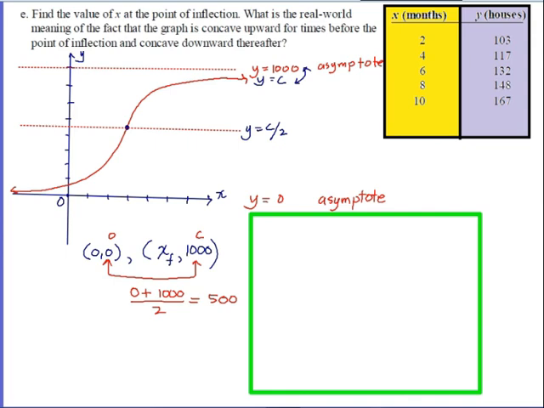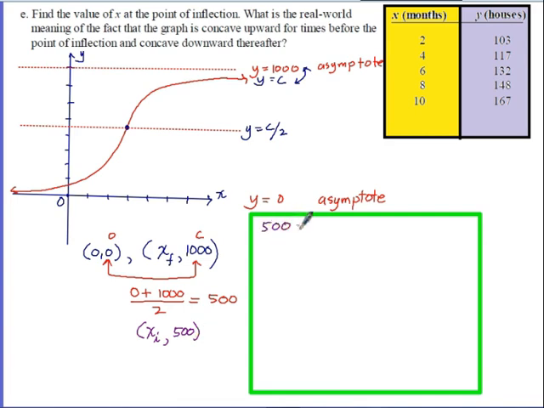So what we're actually trying to get is xi, the point of inflection, and then our y is 500. So when xi is unknown, our y is 500.